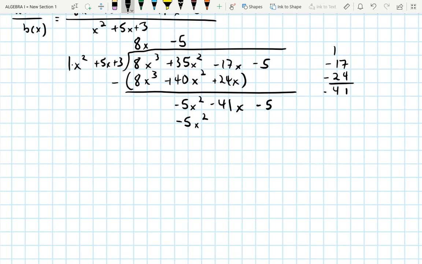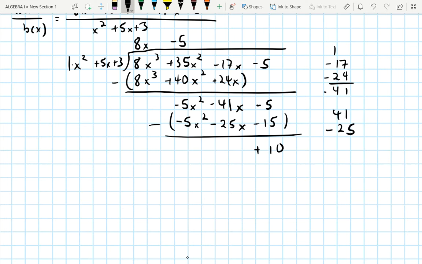Negative 5 times 5 is going to give me negative 25x. And then negative 5 times 3 is negative 15. But remember, I'm subtracting, so I'm going to add the opposite. And so what this gives me is positive 5, positive 25, and positive 15. I'm doing negative 41 plus 25 and switching the signs.